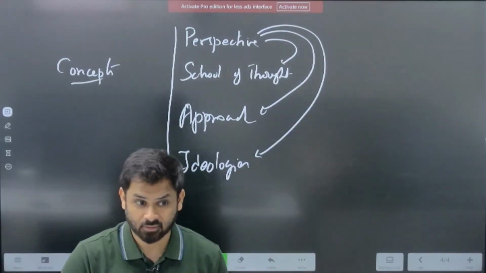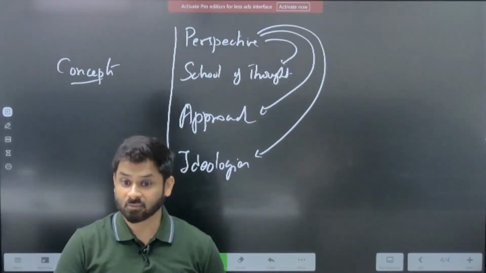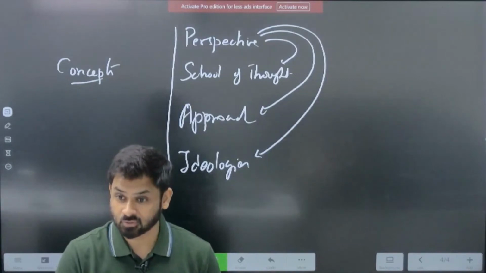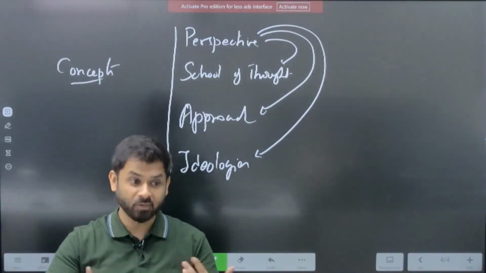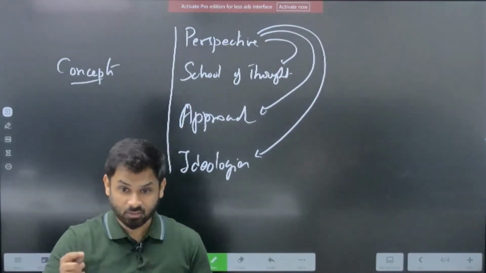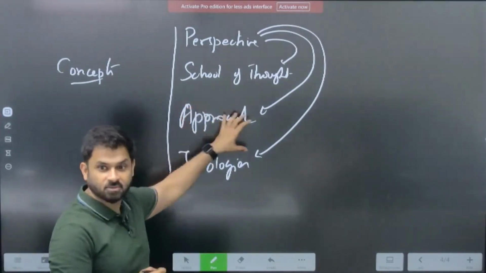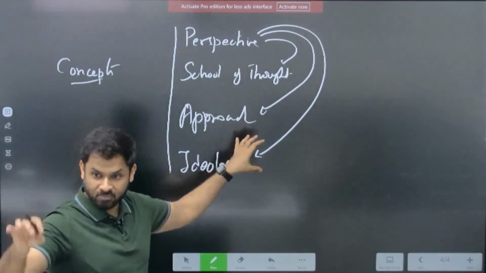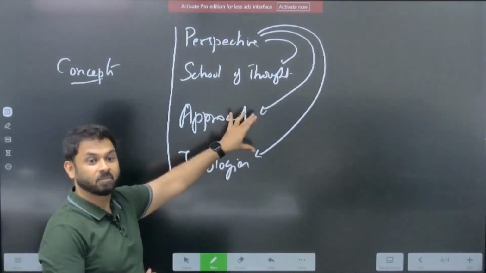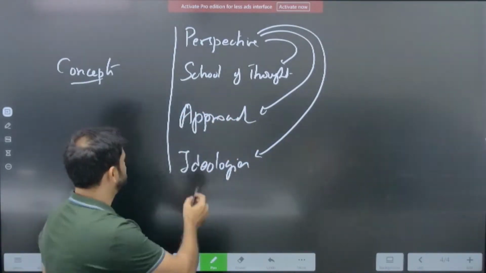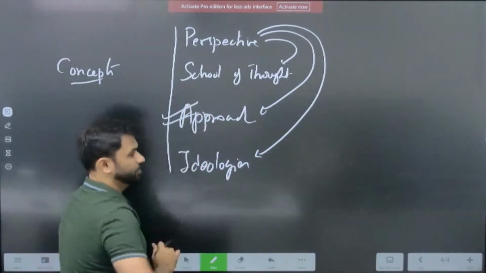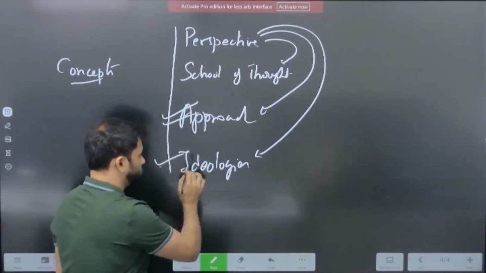Are you getting the point? It could be a sociological approach, it could be a political approach. Within the sociological approach there are many approaches. So first of all, in your syllabus you have to study what all the approaches are. In section A it is mentioned: political approaches. This is one thing. First you understand different approaches, then you understand also different ideologies.